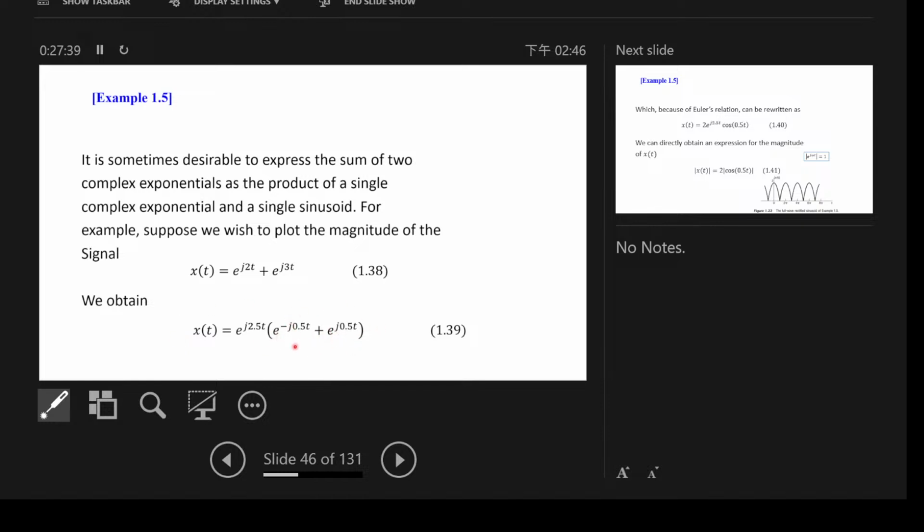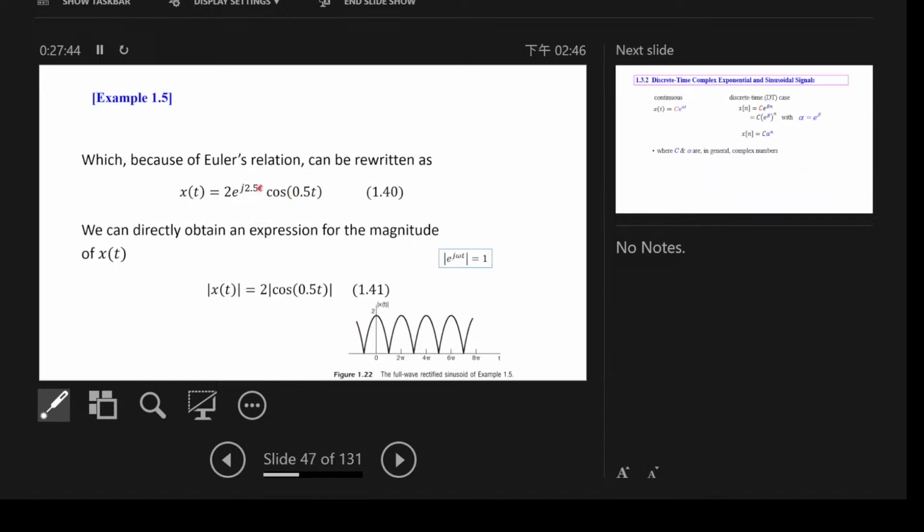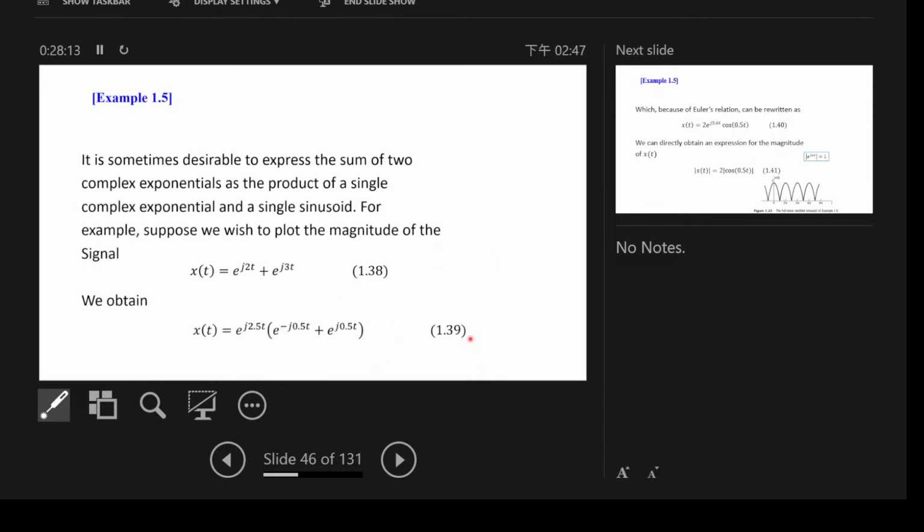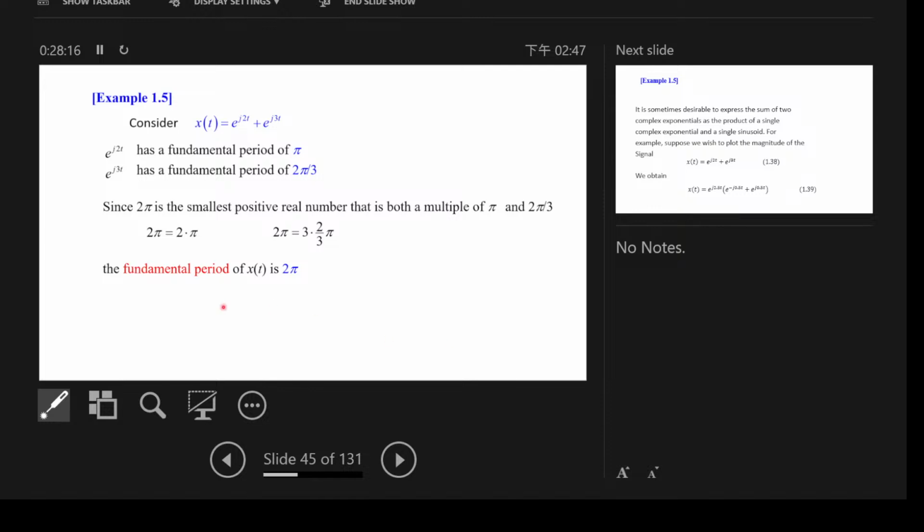Because now we have minus 0.5 here and plus 0.5 here, and this can be expressed as 2 times cosine 0.5t. So we express this as a complex exponential times cosine, and then we can get a nice expression for the magnitude of this signal. When you take a magnitude, this complex exponential always has magnitude 1, and so the magnitude is just the magnitude of cosine 0.5t. Okay, so this is an example of a linear combination of complex exponentials.